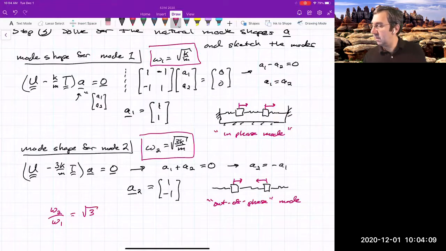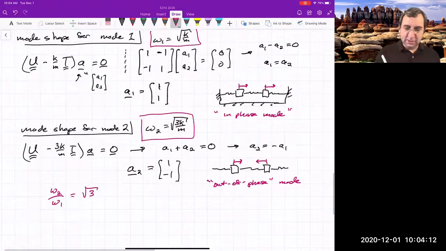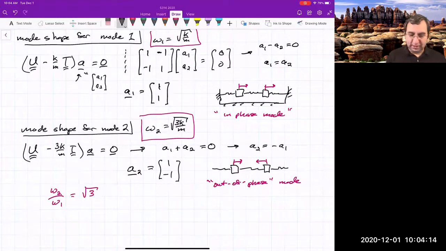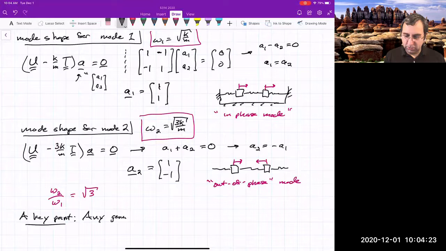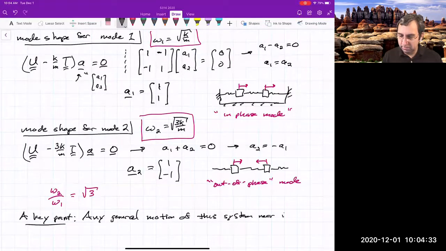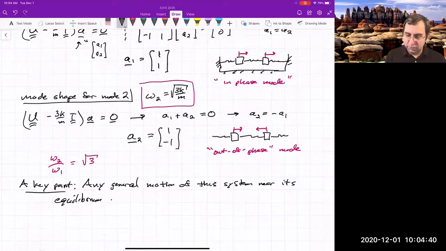This is a key point: any general motion of this system near its equilibrium will be a superposition of these two modes.